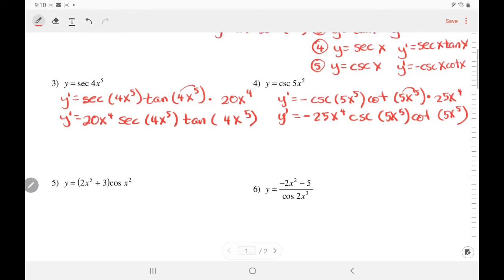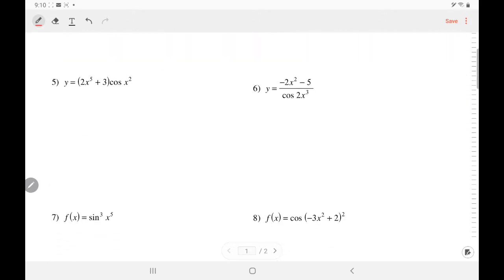Let's try number 5. Number 5 is a product rule. So you have function f times function g. I'm going to review it real quick here. Derivative of a product would be the first function times derivative of the second, plus second function times derivative of the first.